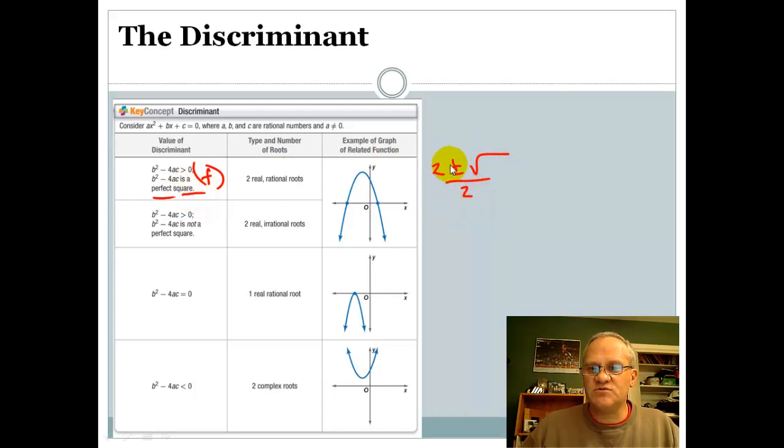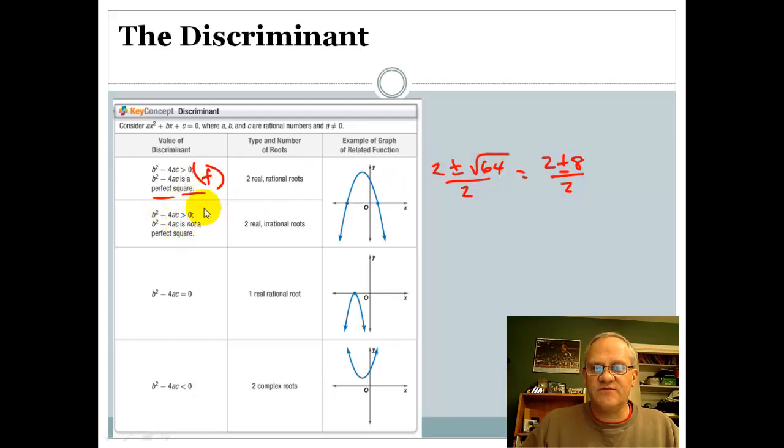Well, if this is a perfect square, like let's say 64, then the square root part goes away, and you have 2 plus 8 over 2. That's 10 over 2 or negative 6 over 2. You have 2 real numbers, 2 rational numbers.